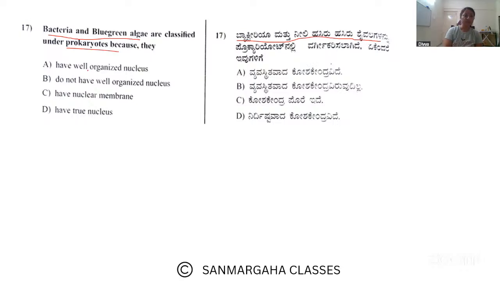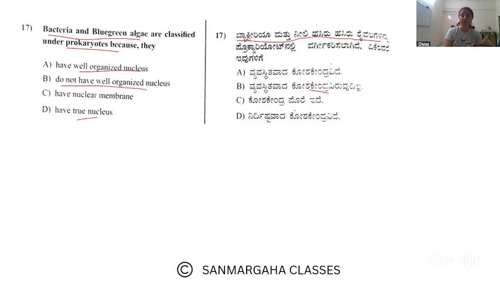So they have a well-defined nucleus. Whether they have a well-defined nucleus? They do not have a well-defined nucleus. They have nuclear membrane. They have a true nucleus.